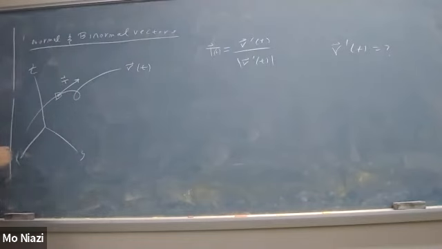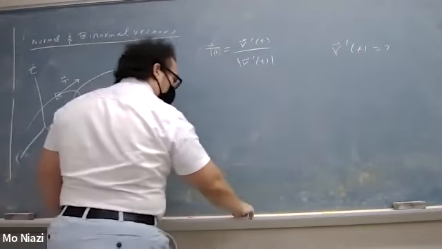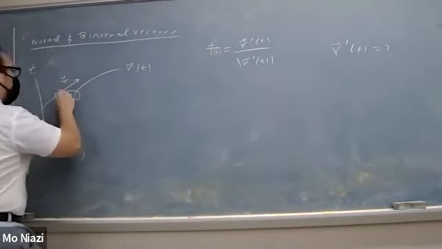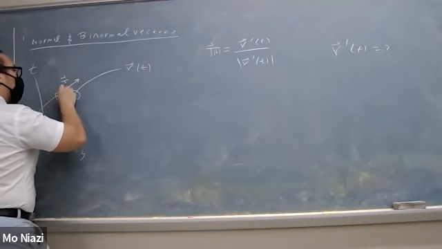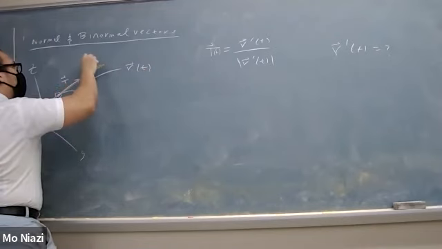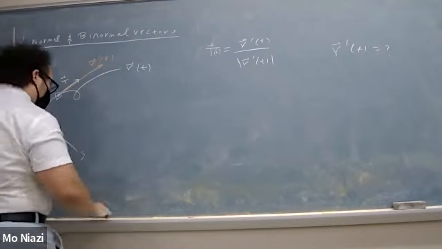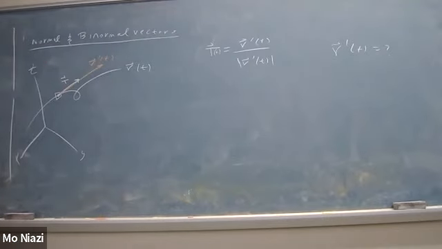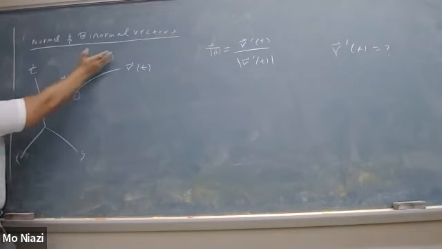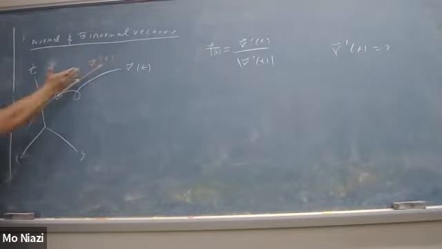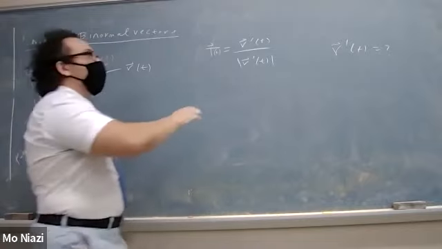Well, r prime of t would be like something like that. It's like right on top of t. They're right on top of each other, but r prime of t gets scaled by its own magnitude to become t.